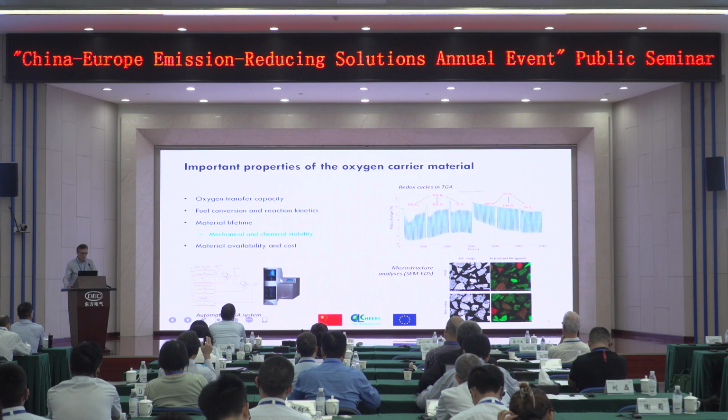So this figure here is showing an automated TGA system, thermogravimetric analysis, at CLC. This is used to map oxygen transfer capacity, and this is done by doing automated cycling. This is a full sequence of about 17 hours.